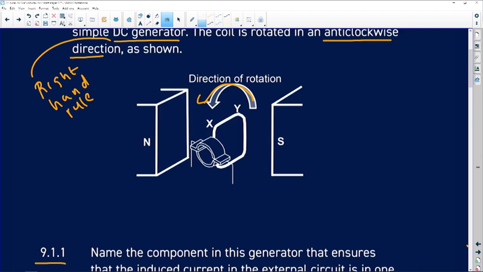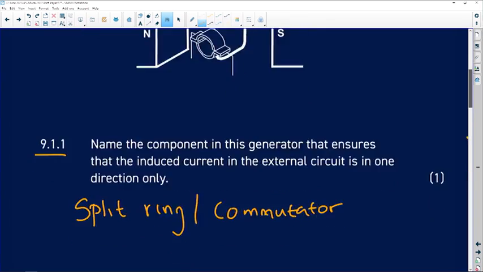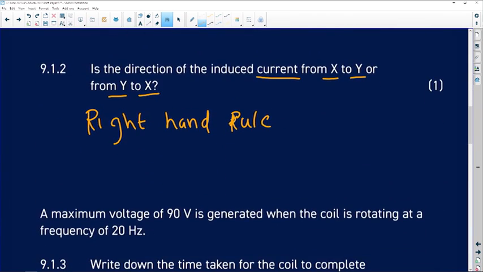So the current is moving from Y to X. So our answer here is from Y to X. That is the direction of our current.